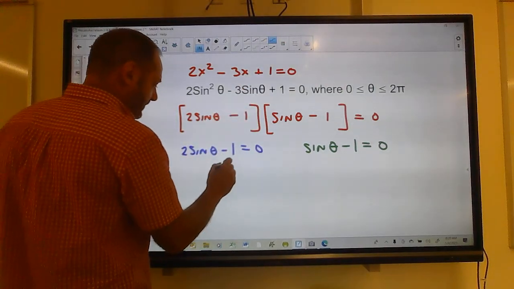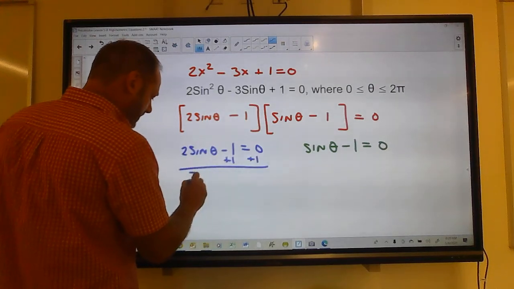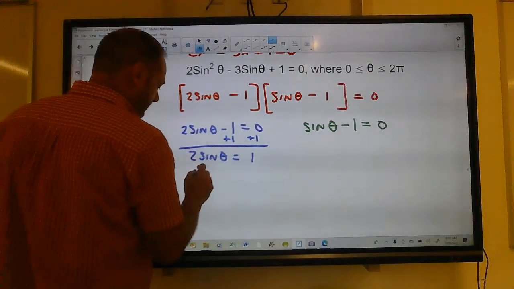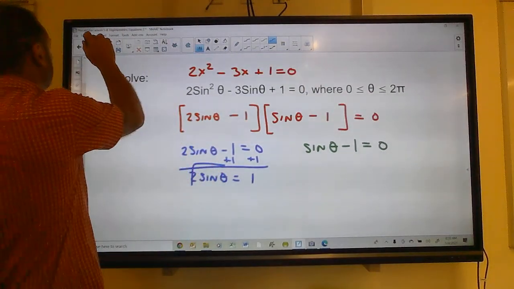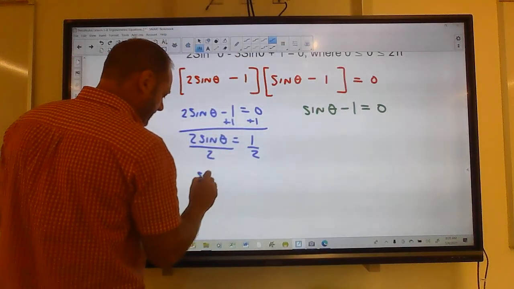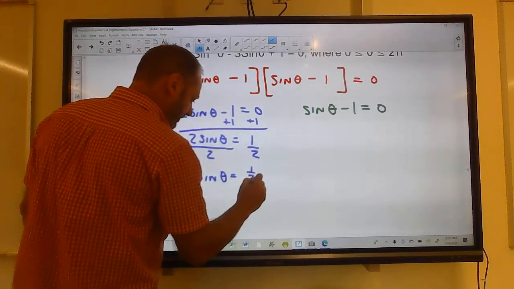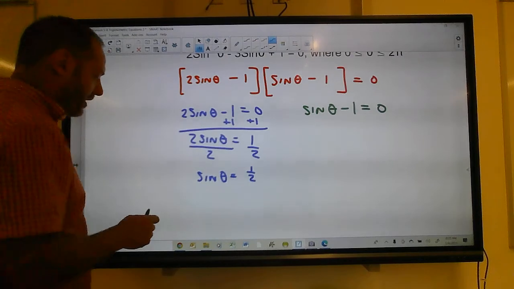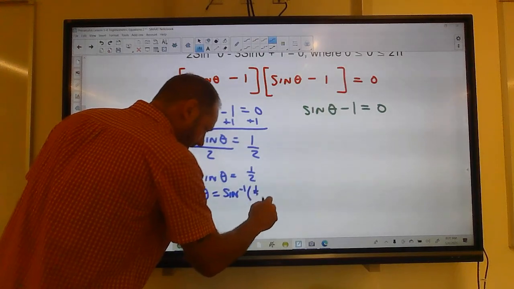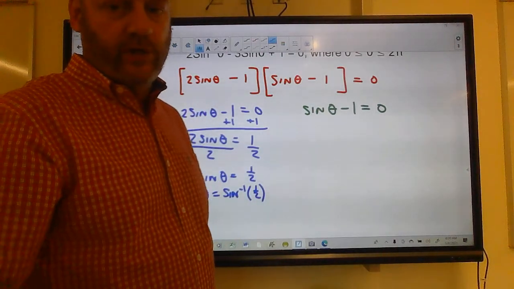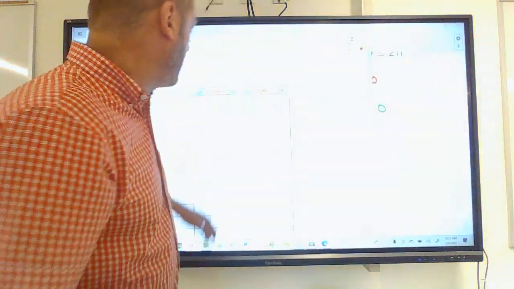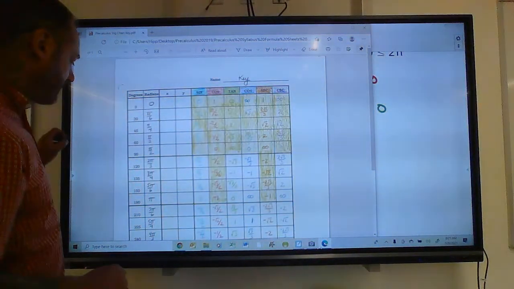So we're going to add 1 to both sides here, and we get 2 sine theta equals 1. And then we would divide by 2 on both sides, and so we get sine theta is 1/2. And then we're going to arc sine both sides here. So theta is going to be the arc sine of 1/2, which if we consult our trig chart, is pi over 6.